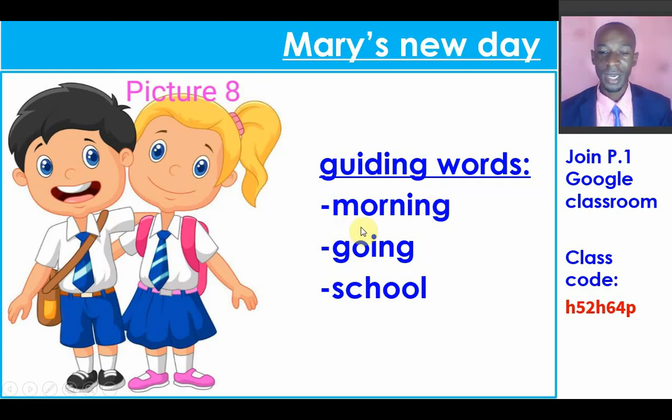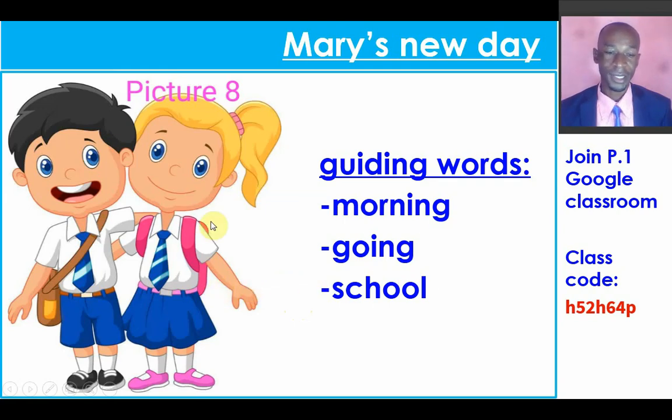According to the guiding words: morning, going, school. So here we see Mary with a friend, nicely dressed in a school uniform, and it is a new day in the morning. So we see that in the morning, Mary is going to school with a friend.